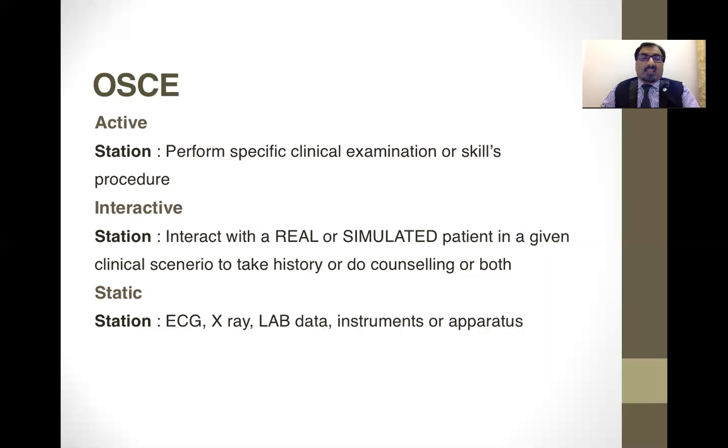And then the most popular is the static station, in which we give you pictures, X-rays, ECGs, lab data, some instruments, some apparatus. So all these are under observation. You have to understand that every time you go for an OSCE examination, this is under observation, and all your skills are observed directly by the examiners.